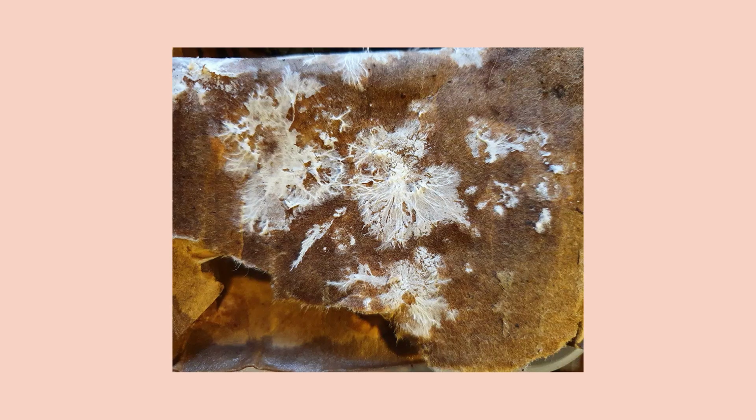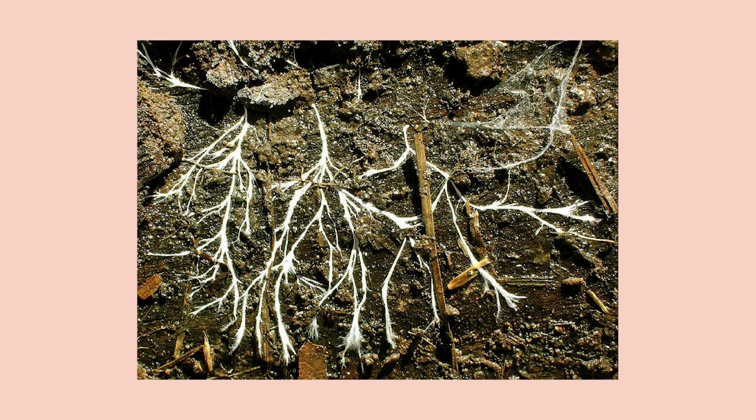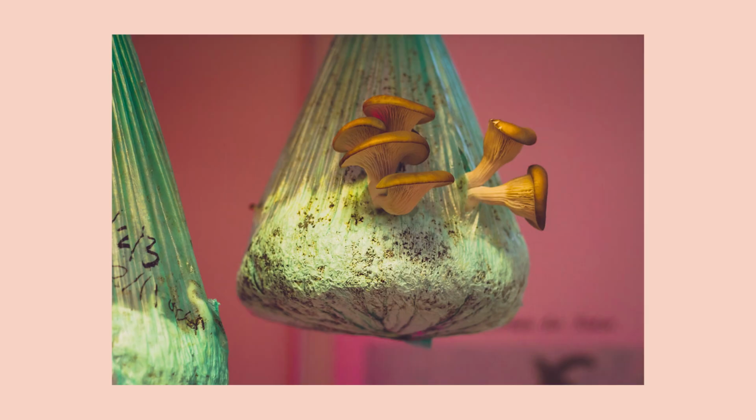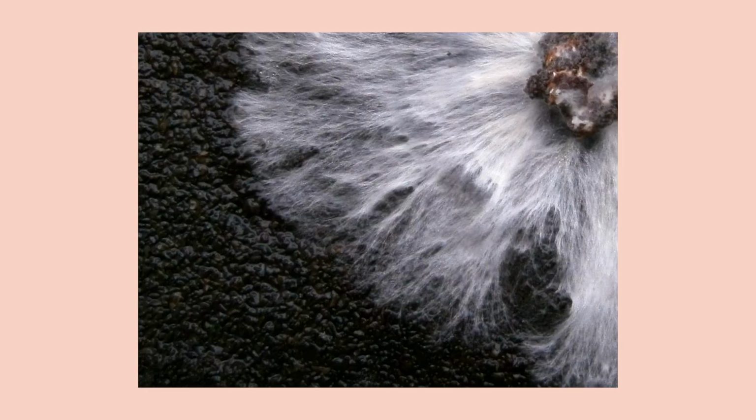Mycelium. The bulk of the mushroom lives underground as mycelium, the mushroom's largest organ. Mycelium forms spider-like webs underground and helps the fungi colonize their environment and eat food. Fungi primarily eat inside out. They digest things around them by excreting enzymes.